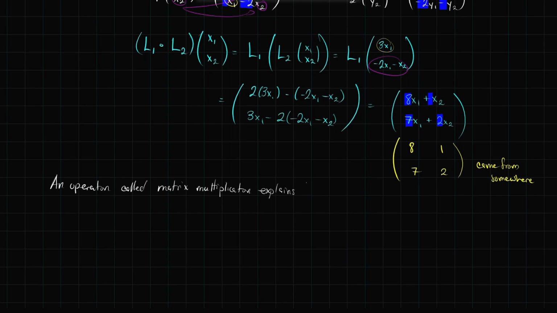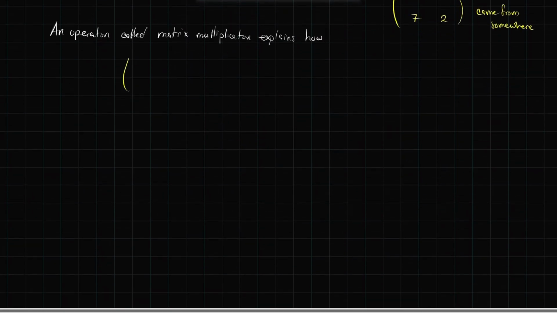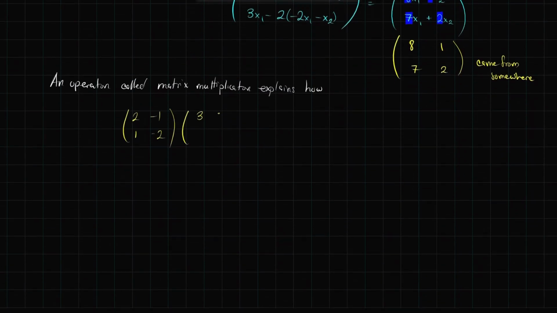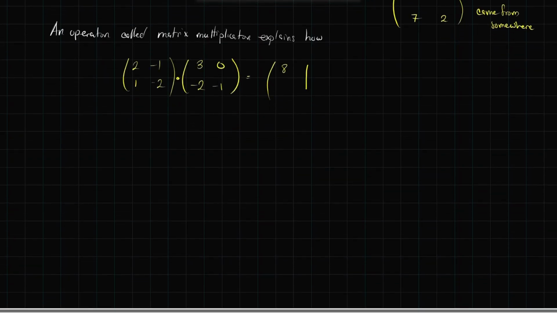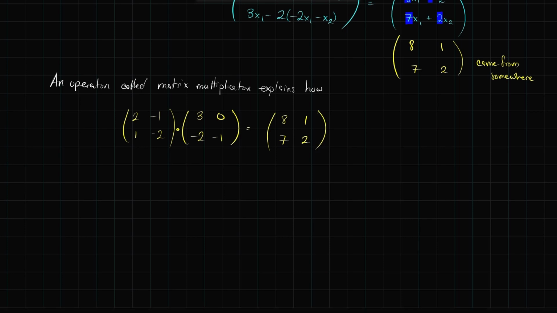It explains how my 2 matrices I started with, 2, negative 1, 1, negative 2, and 3, 0, negative 2, negative 1, can be related, so we just use a dot for that, to give me this output 8, 1, 7, 2. Now how is this defined?